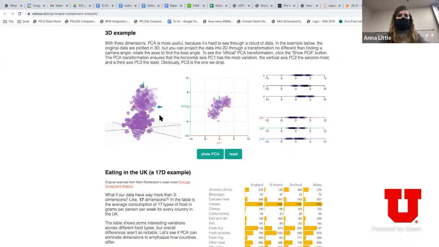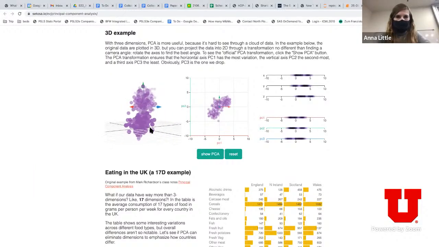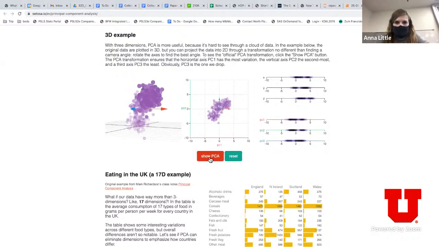So now let's say we have this point cloud in 3-dimensional space, and these arrows are just showing you the X, Y, Z directions.